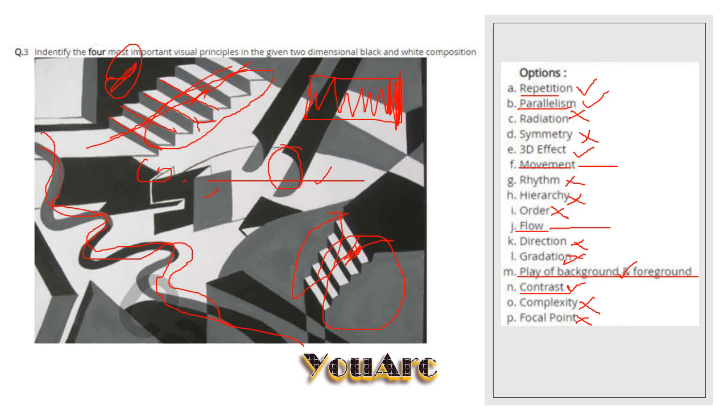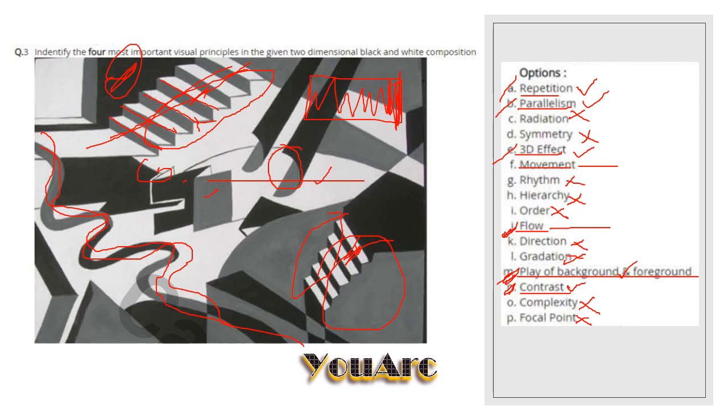So the first option will be parallelism. Definitely repetition is there. 3D effect is there. So these will be three main options. Then I'll go for play of foreground and background. Then I'll go for flow. Then contrast. Contrast is definitely there, but since it is a black and white composition, definitely it will be there.